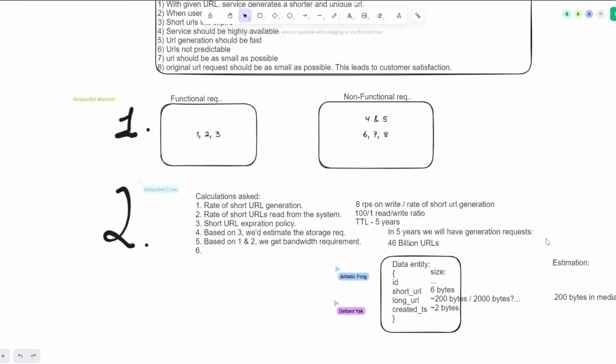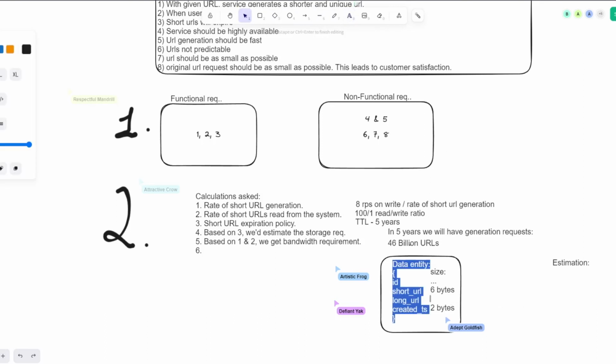I think the max size will be like 2000 bytes, but if we do the overall estimation, we will assume the average size of the row multiplied by the total number of rows. So if we take the average size to be 200. Let's make a final suggestion about the long URL. Just write it down and we will move forward.